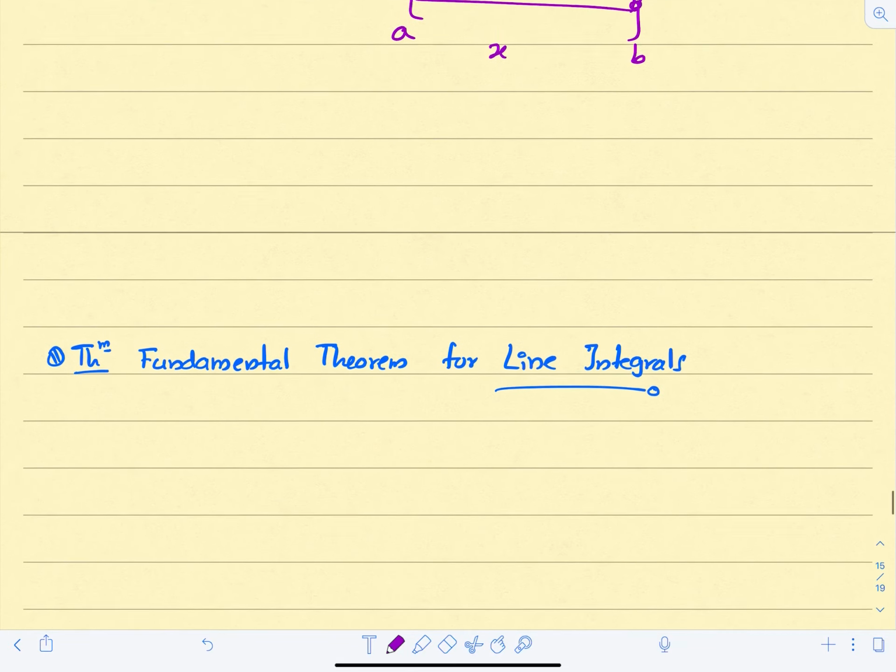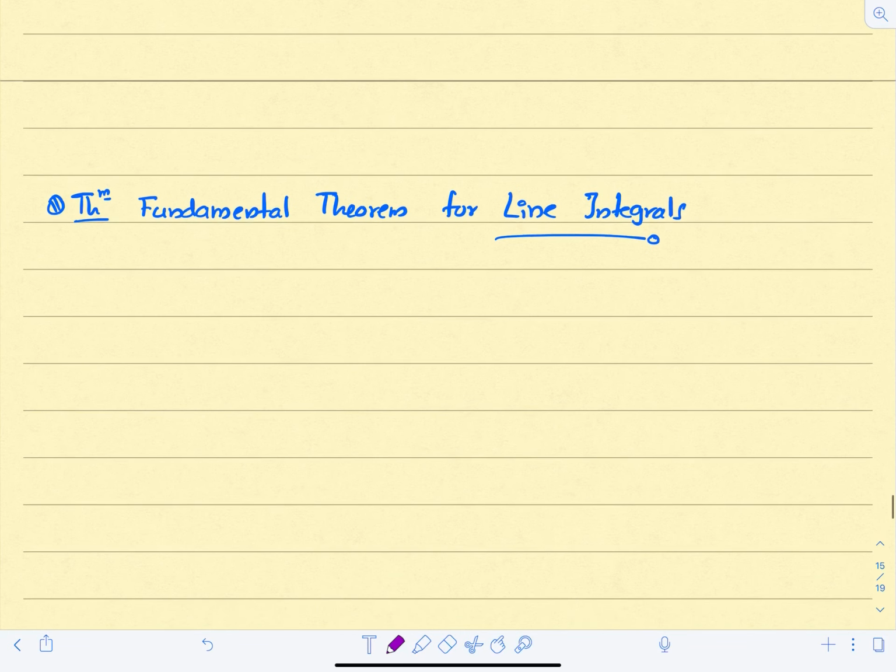Now the fundamental theorem for line integrals says the same thing, but it's a more general version than the fundamental theorem of calculus. Let's state this theorem.